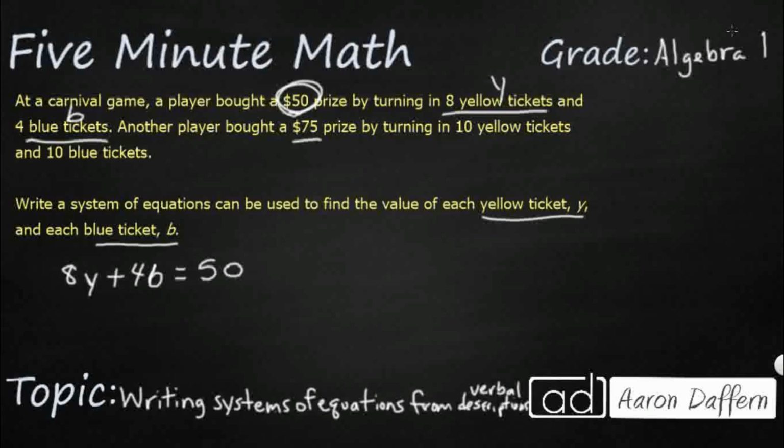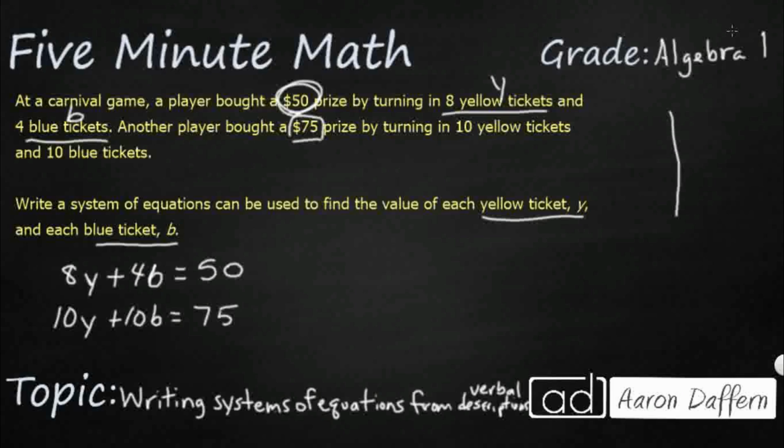Another player bought a $75 prize, 10 yellows, 10 blues. So 10y plus 10b equals my 75. And there we go, that's our system of equations.